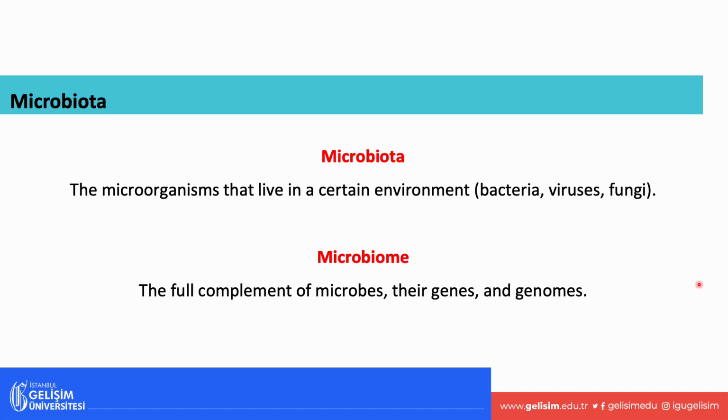Now, on the other hand, the microbiome, okay, is referring to the collection of all the genes and genomes of microorganisms that make up the microbiota. Okay, so in other words, the microbiome covers not only the microorganisms themselves, but also their genetic material and the interactions between them.